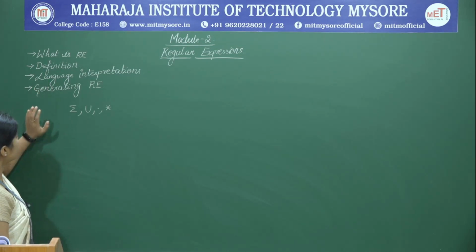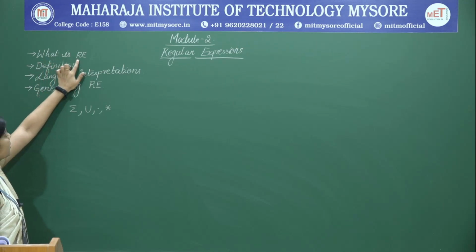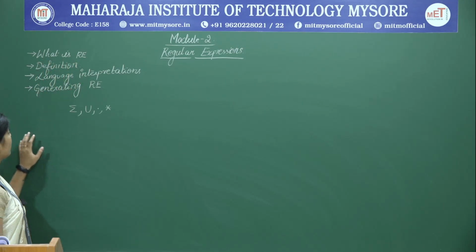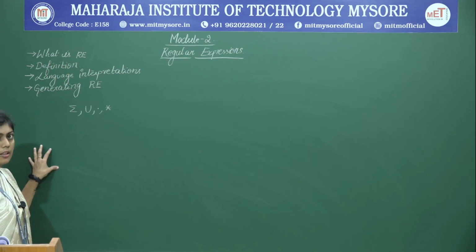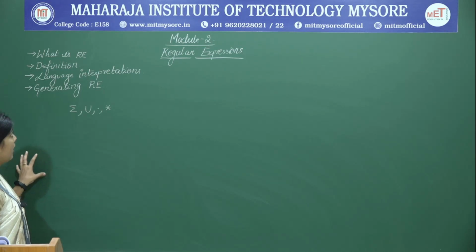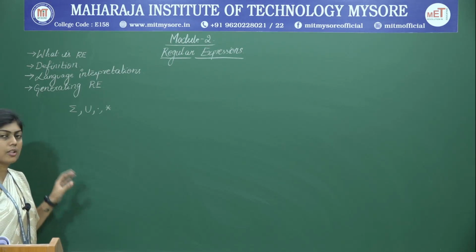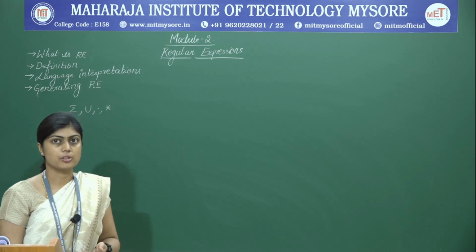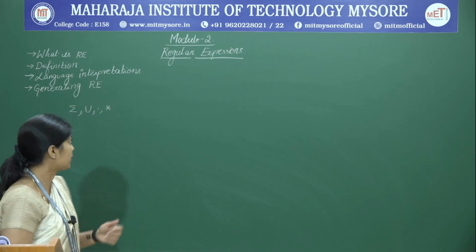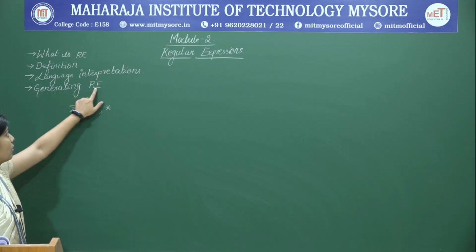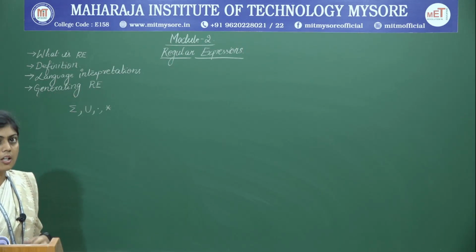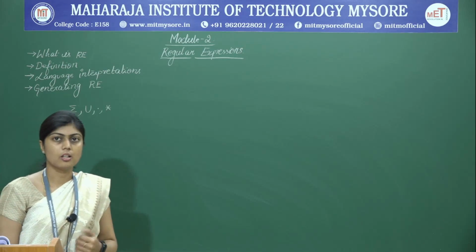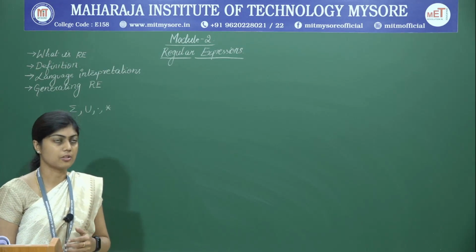So these are the basic units that make up the regular expressions. In this class we are going to learn what is a regular expression, how to define regular expressions and the language interpretations. That means when you have a regular expression, how to interpret the language that it represents, and also how to generate the regular expressions for a given problem statement or a given language.